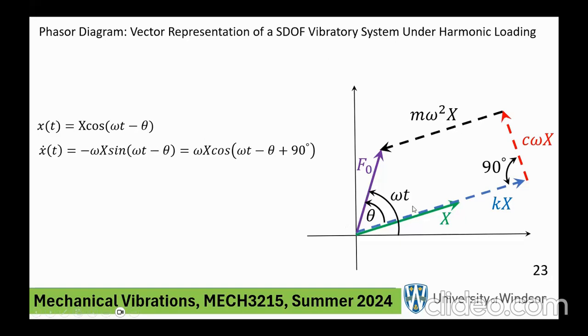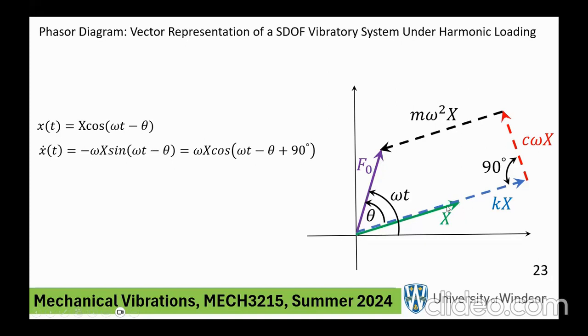That's why it looks like that by 90 degrees. The magnitude of this red vector is the damping force, c x dot. Here is x dot, omega times x, times c, so c omega x. Here's what happened. Applied harmonic force, steady state response, green. Applied harmonic force is that purple.